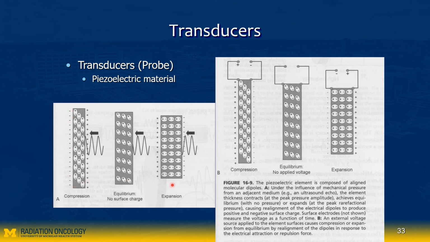And when it is expanded, the charges on the surface are realigned, and it now has the opposite charge. In other words, compression or expansion can change the charge on the surface.